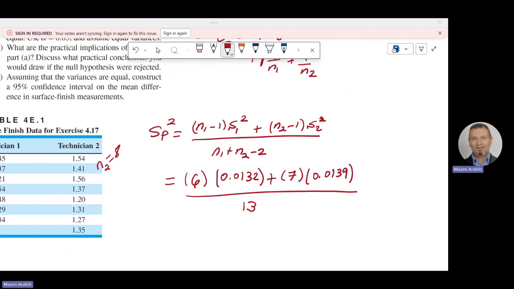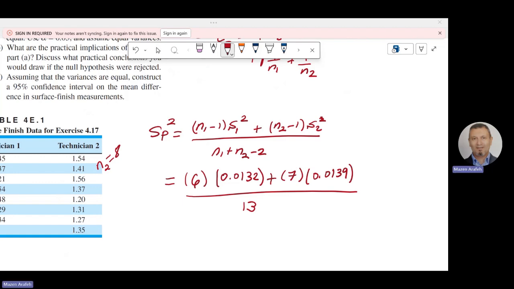Let me calculate it here. We have 6 times 0.0132 plus 7 times 0.0139, all divided by 13.